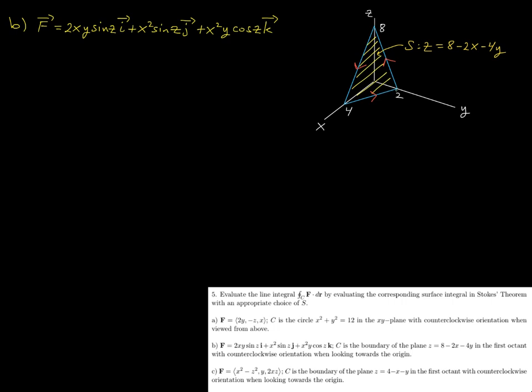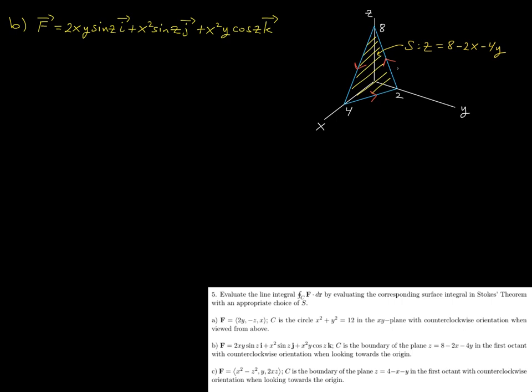And for the choice of surface S, again, I'm just going to make this as simple on myself as possible. I'm just going to choose S to be the portion of this plane that lies in the first octant. What I need is that this blue path is going to be the boundary of whatever surface I choose. And so I'm just going to choose this thing that's enclosed by this triangle.